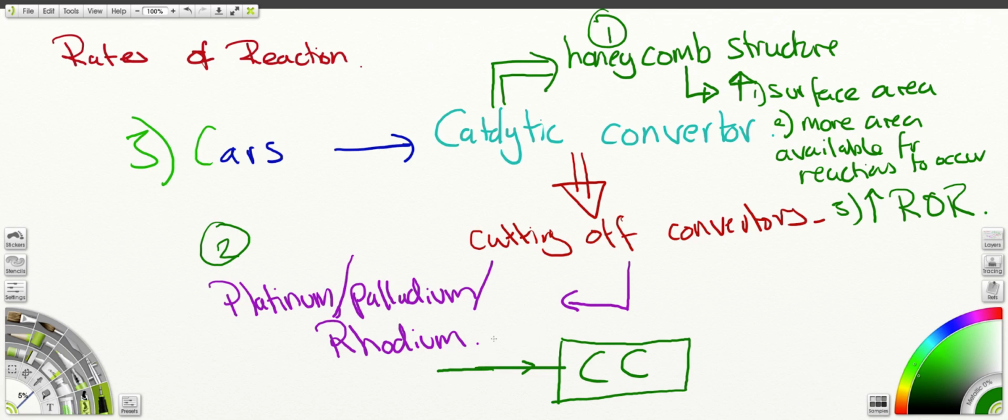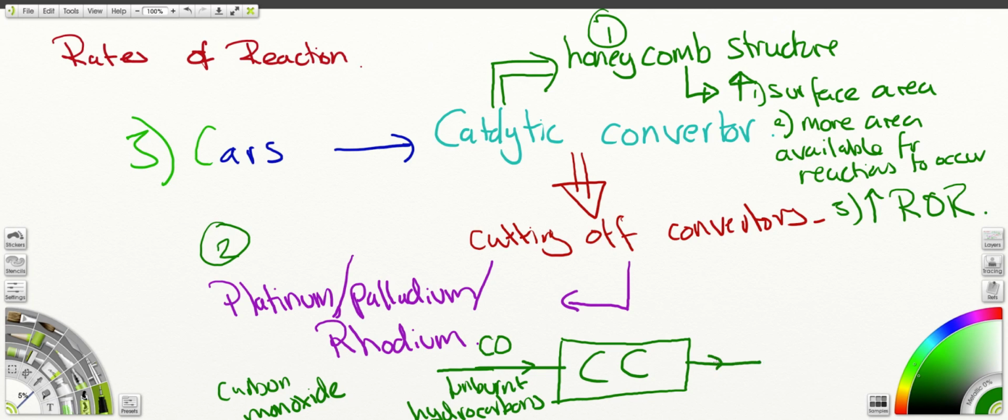You're going to have your carbon monoxide, or your unburnt hydrocarbons. And what the catalytic converter is going to do is convert, that means change, hence the name, using these catalysts here.